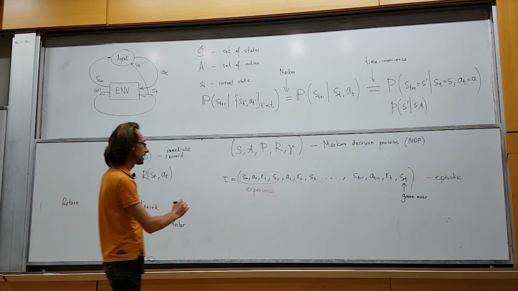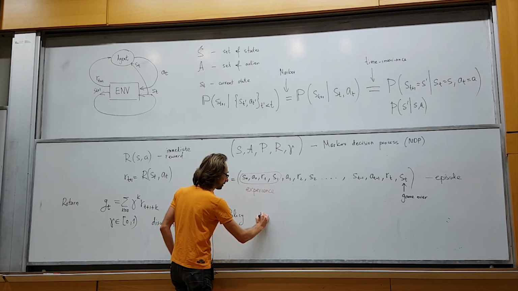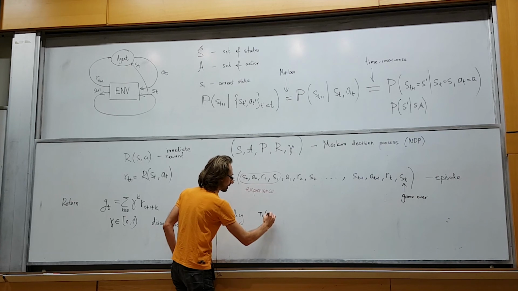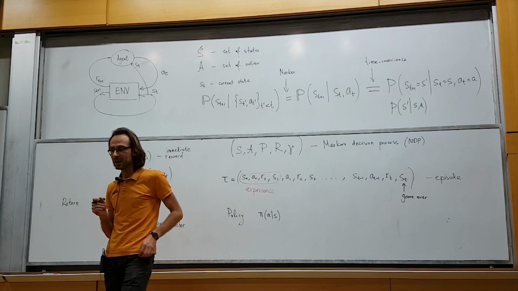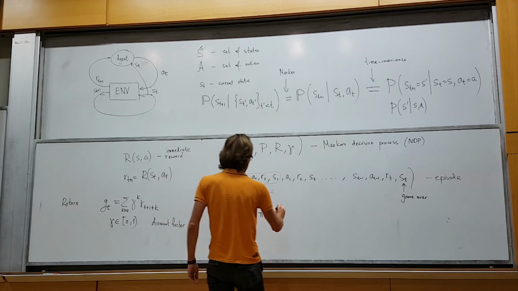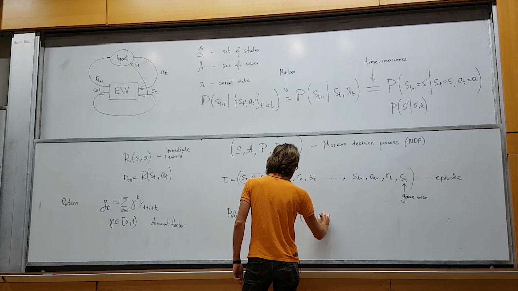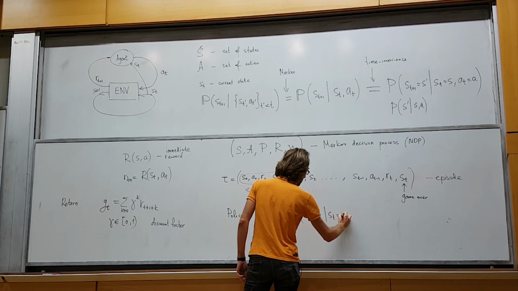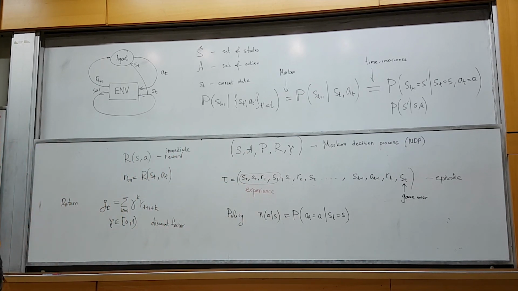The behavior of the agent will be totally described by what is called the policy. I will denote it by pi(a|s). And pi(a|s) will be simply the probability of taking action A from state S. Okay, and since we are assuming that we have time invariance, I am not specifying t in the definition of the policy.